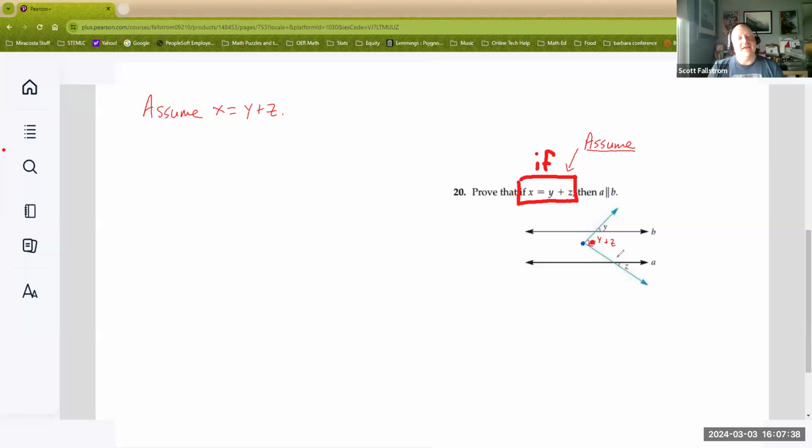But I could say that it's parallel to A. So I'm going to draw a line that's parallel to A, and I'm going to call that line C. So now I'm going to draw C so that A is parallel to C.